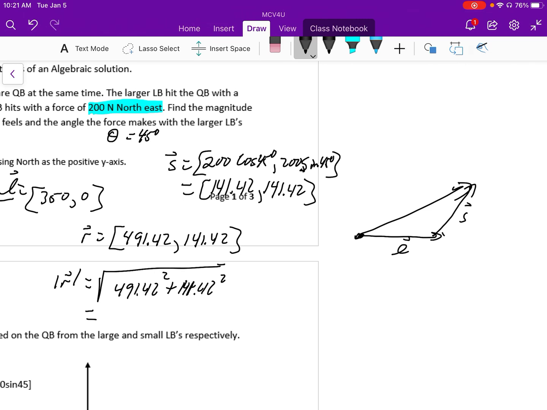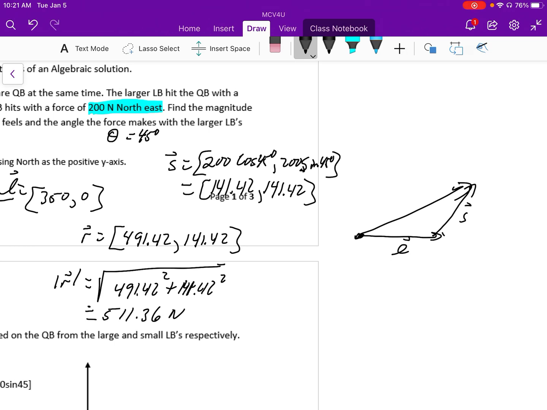So you take out your calculator and you start to do the work. 491.42 squared plus 141.42 squared, end your bracket, and you get approximately 511.3 newtons.